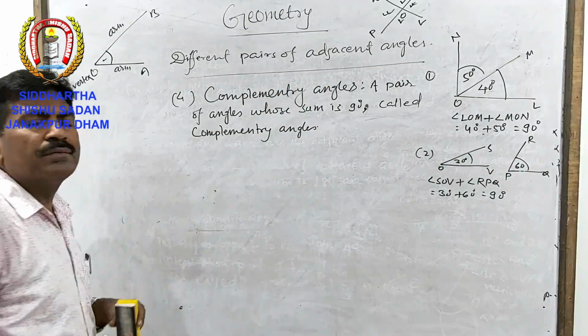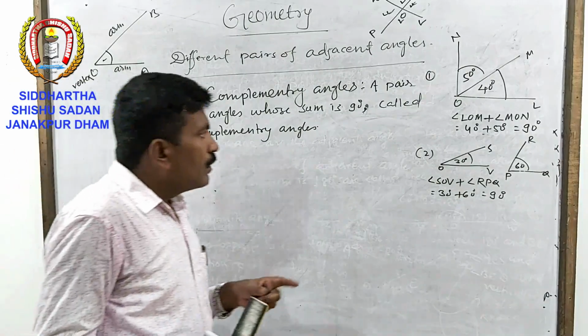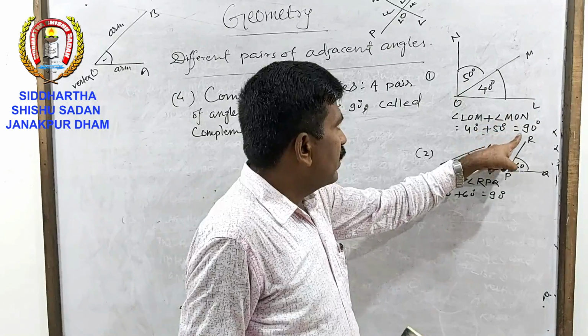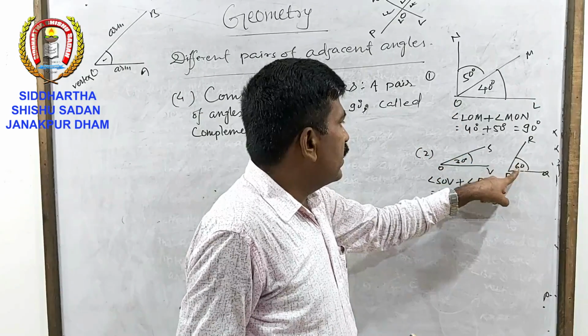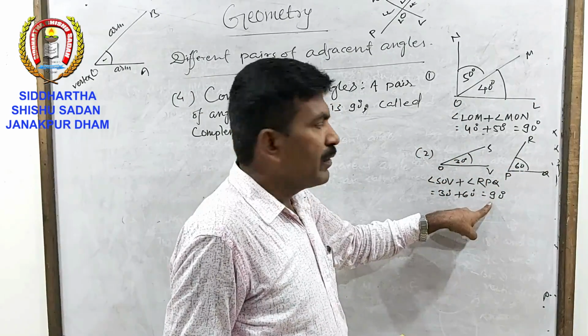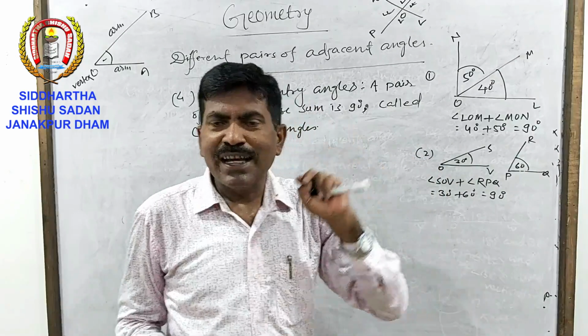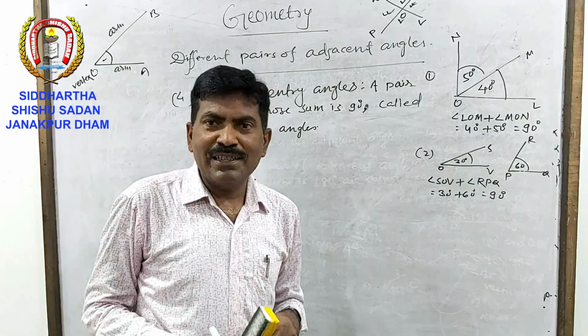These are the examples. That means example number 1, the sum of these two angles is 90, but both angles have a common vertex. 60 and 30 is equal to 90, but the vertices are different, but the sum is equal to 90. And both are examples of complementary angles.